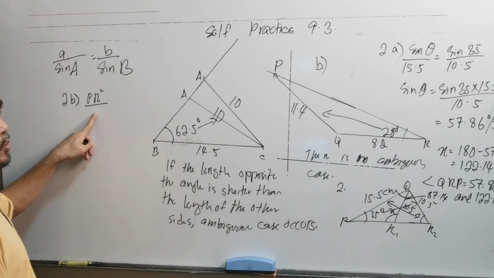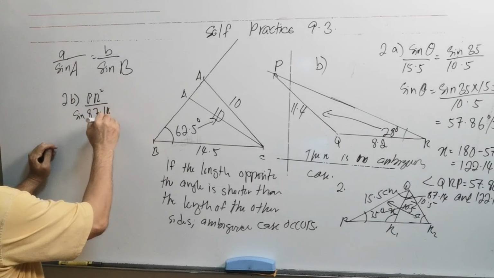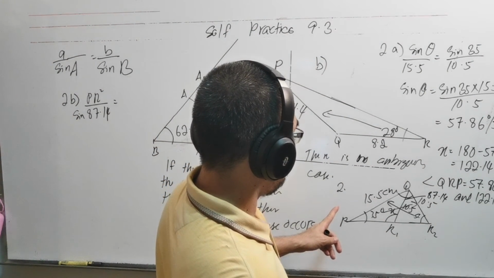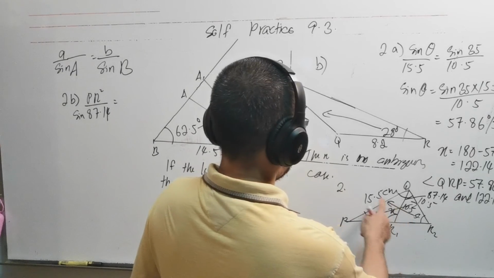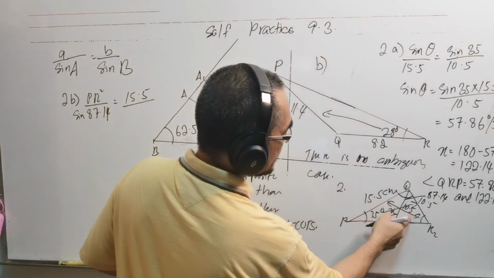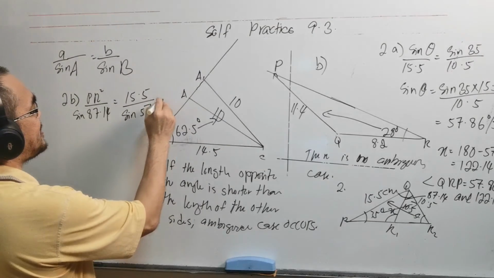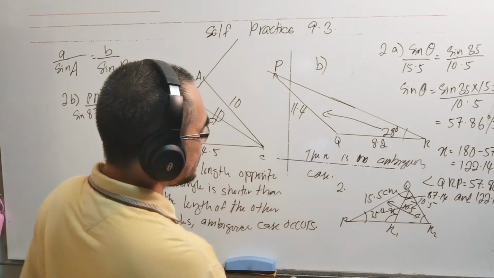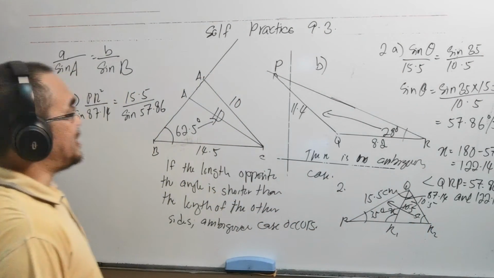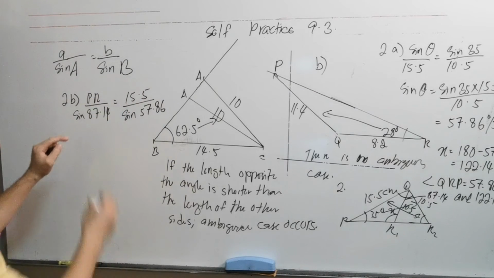So PR2 over sine 87.14 is equals to the length, that is 15.5 over sine 57.86, or you could also use 10.5 and 35 degrees. So you just move it to the other side. This is not PR squared, PR2 actually.